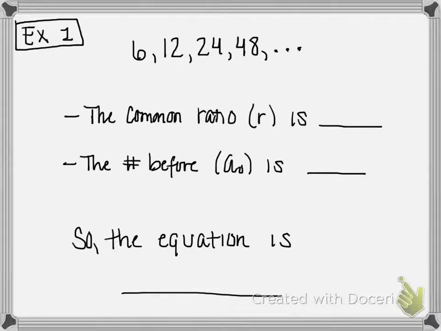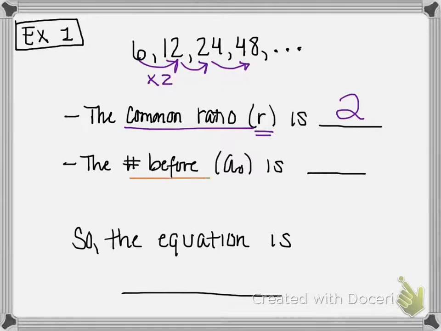So again, your first step is to figure out what's happening in this sequence. In this case, I have a common ratio, or I'm multiplying by 2, because my answer from before is just doubling each time. So 2 is my r, or the ratio. And then the b part comes from the number before.